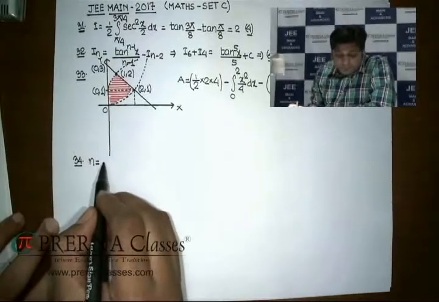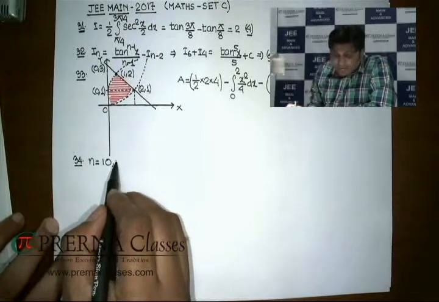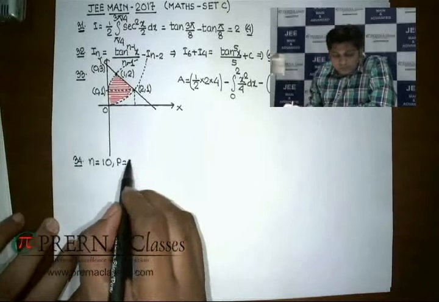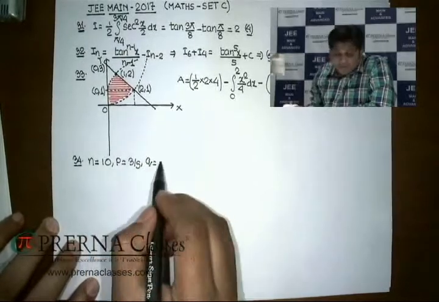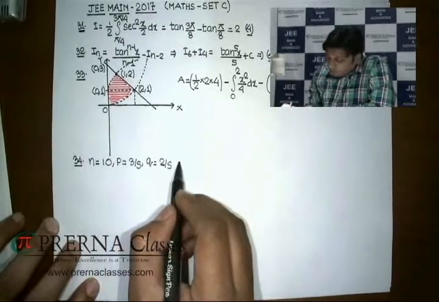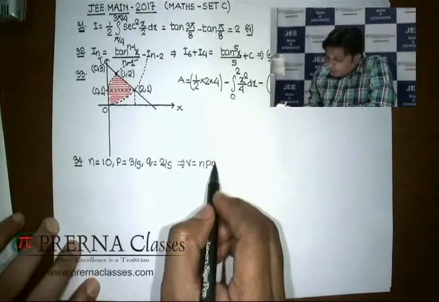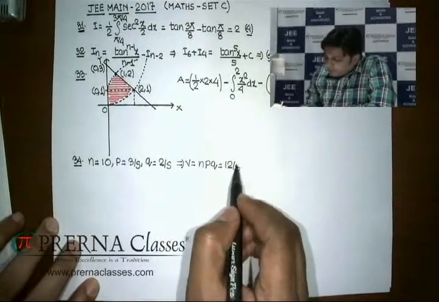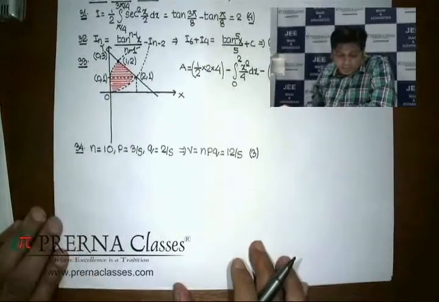Note that in this case, the value of n is 10, p is 3 by 5, q is 2 by 5, and therefore the variance is going to match with n into p into q, that in this case will match with 12 by 5. The third option is the correct one.